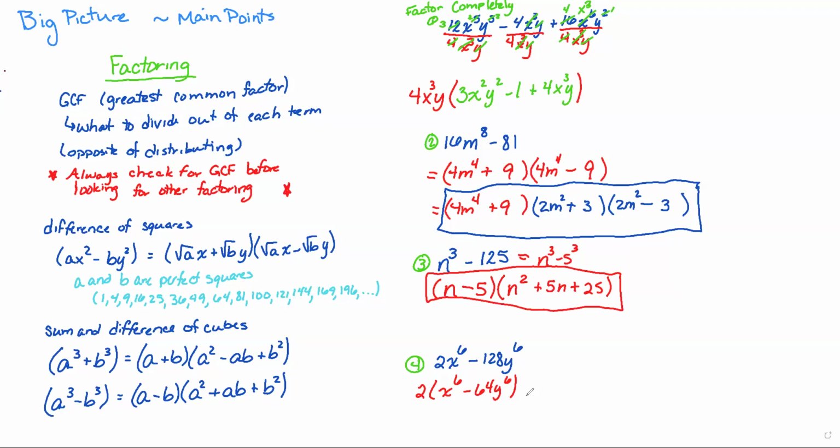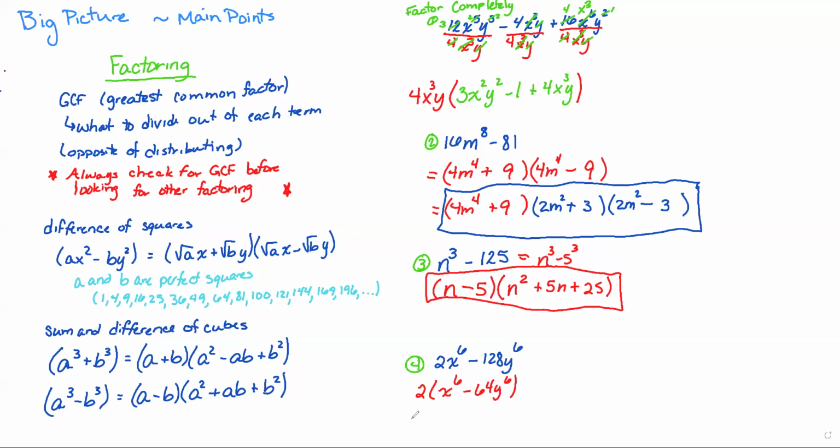And looking at it from that perspective, I'm not liking this. So what I can do, there's going to be a couple different answers of how you can do it. I would probably do the difference of squares first, because I'm more comfortable with that. But I could do the difference of cubes first if I really wanted to.